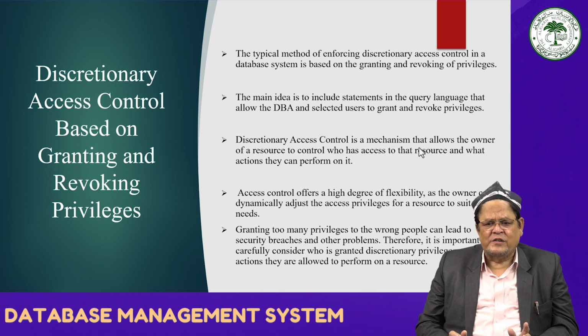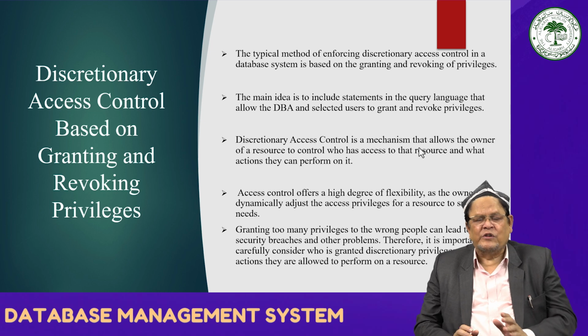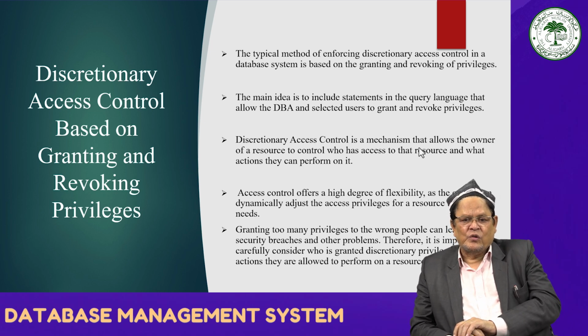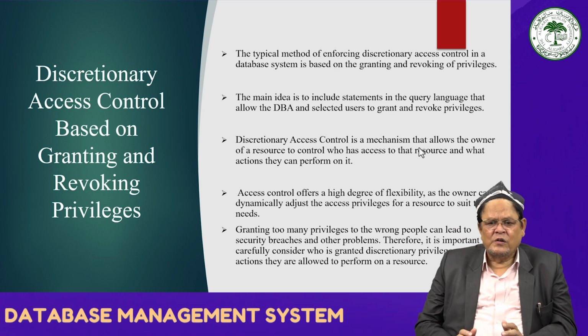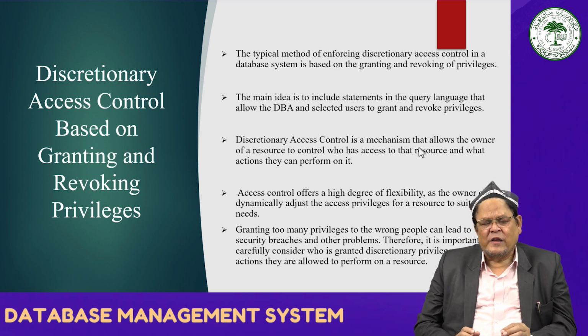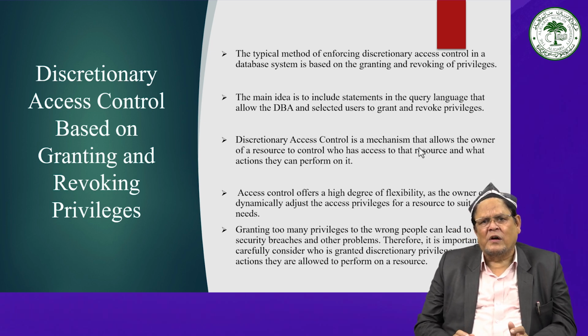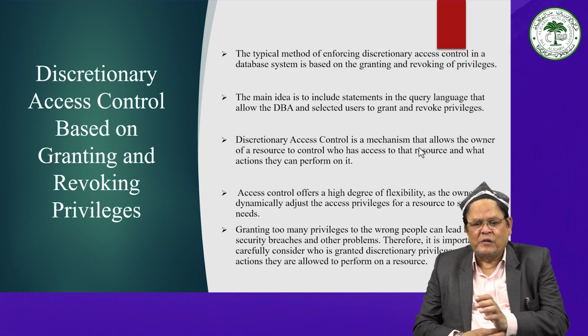Granting too many privileges to the wrong people can lead to security breaches. So you must not give more privilege to more people. Some privileges are given depending on the role of the user, such as the administrator. Sometimes there is the database administrator, data entry operators, and the system analyst, to whom you give some privilege.